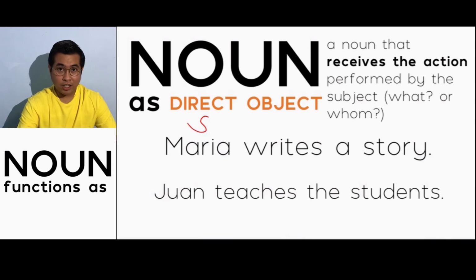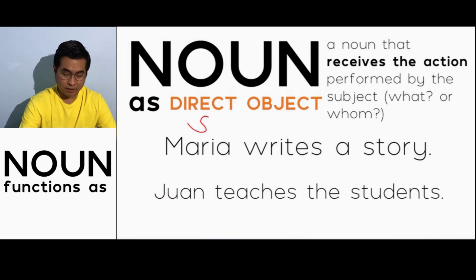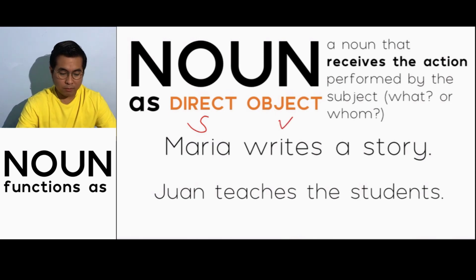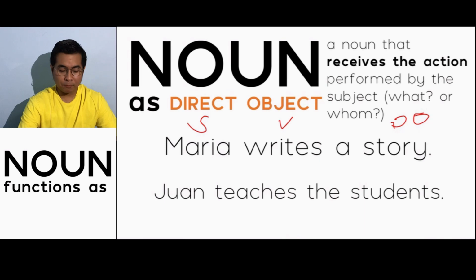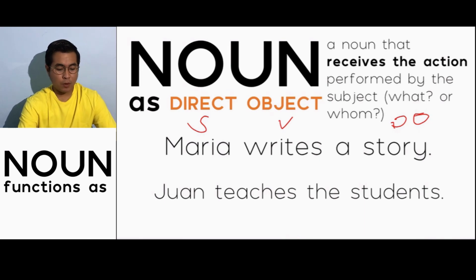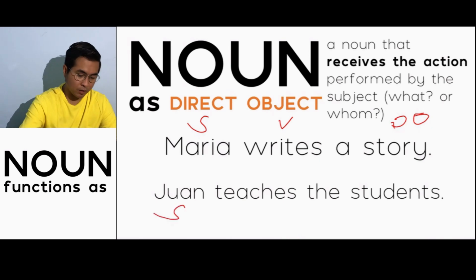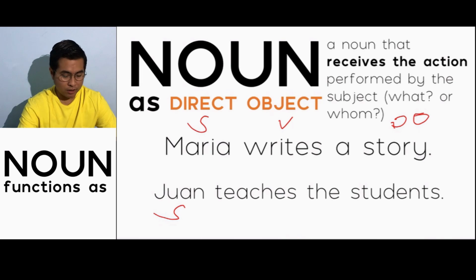And then she does something, that is to write. This is your verb. Now, what is that? Maria writes. Maria writes what? You have the story. So this is your direct object. Okay? Now, in the next example, you have Juan teaches the students. We have the topic, the subject as Juan. Juan is doing what?